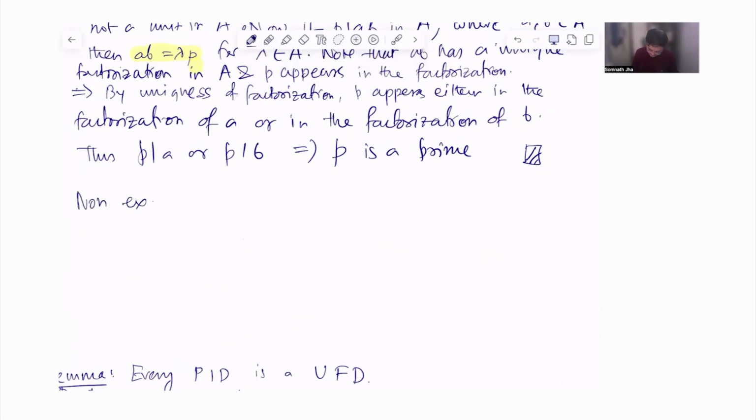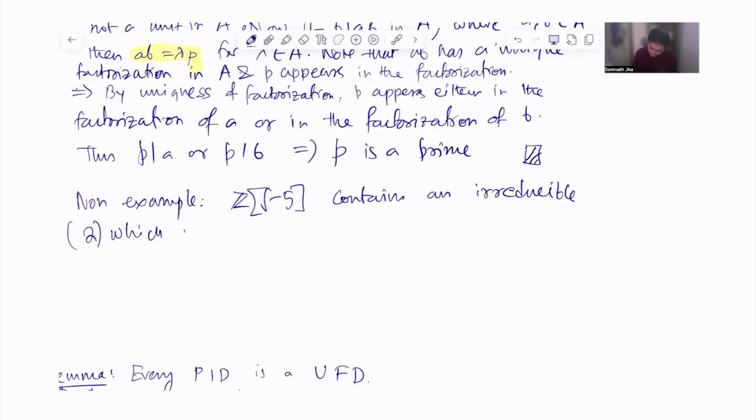is a non-example. Z root minus 5 contains an irreducible 2, which is not a prime.